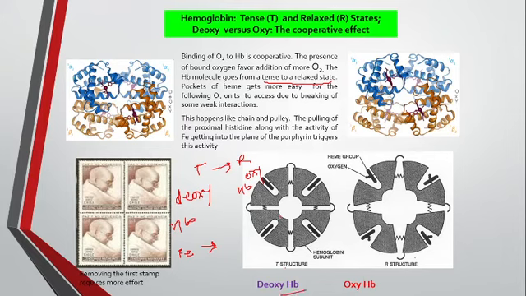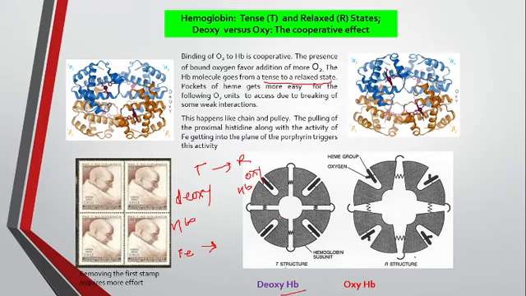Remember, this is always asked in the examination. Myoglobin shows a hyperbolic curve, and hemoglobin always shows a sigmoidal curve.